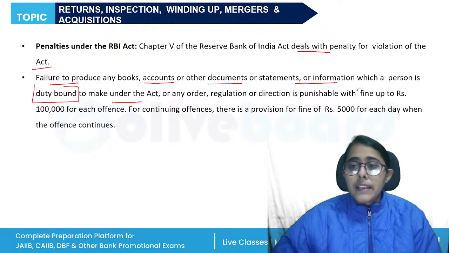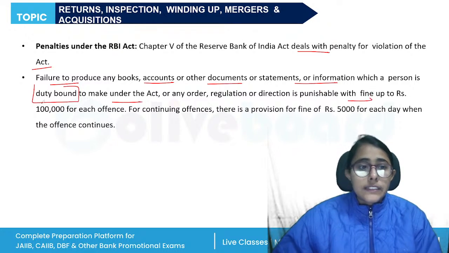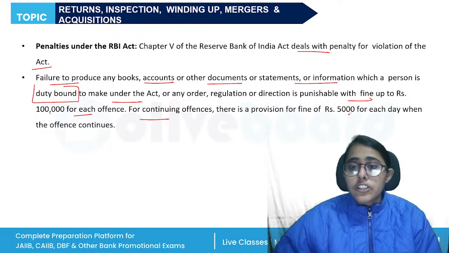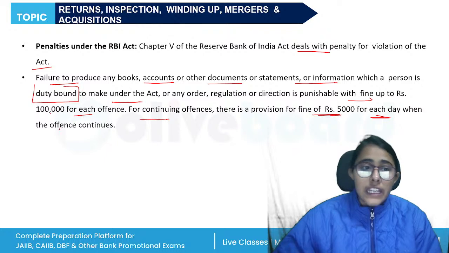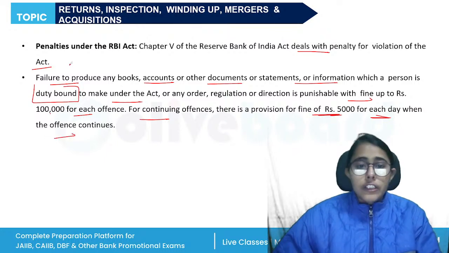Then the penalty is up to rupees 1 lakh for each offense, right? Then for continuing offenses, there's a provision of an additional 5,000 for each day when the offense continues, right?